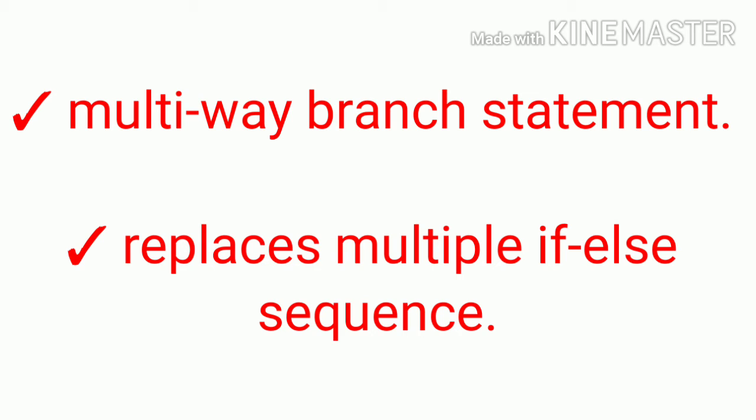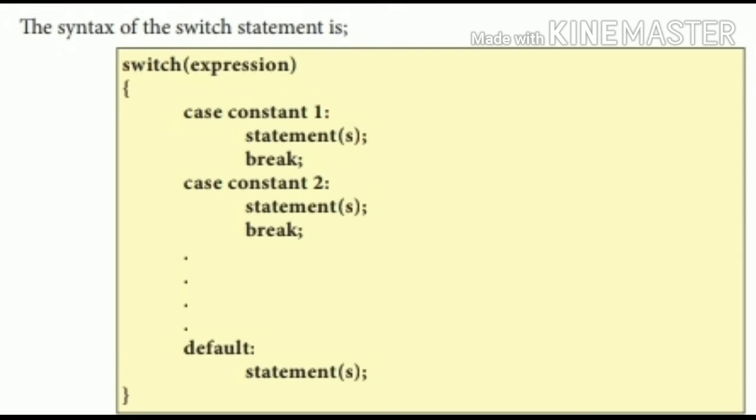The syntax of the switch statement uses the keyword switch and then gives the expression within parentheses. After that we use curly braces, and then using the keyword case we give constant 1 and then use the colon symbol, and then the executable statements are given. To terminate that case we use the break keyword. This is optional. N number of cases are given in this way, and at the end we use the default statement, which is like the else part. If no condition is satisfied, the default statement is played.